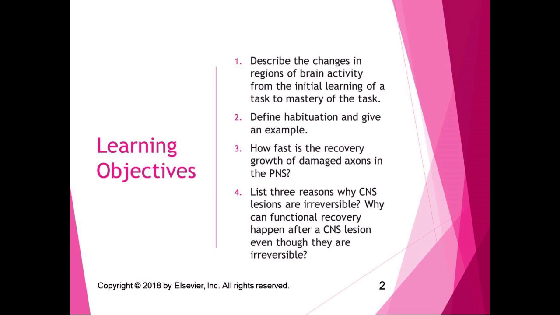And I want you to be able to list 3 reasons why central nervous system lesions are generally thought to be irreversible. And why can functional recovery happen after a central nervous system lesion, even though they are irreversible? So you can have recovery of function, even though those lesions are not going to heal.